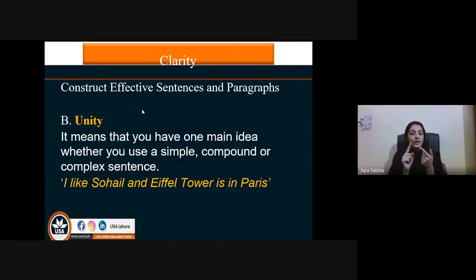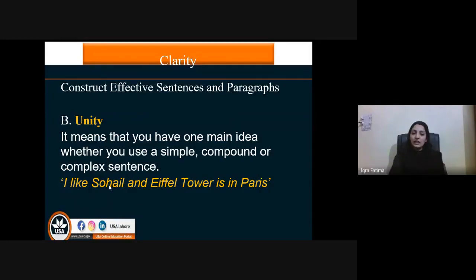When we are writing a paragraph, there should be one main idea that will show the unity, so that all the sentences are related to one idea. And within the sentence there should be one idea. I have just written an example of a sentence and a paragraph, because we have practiced that example as well. "I like Suhail and Eiffel Tower is in Paris."